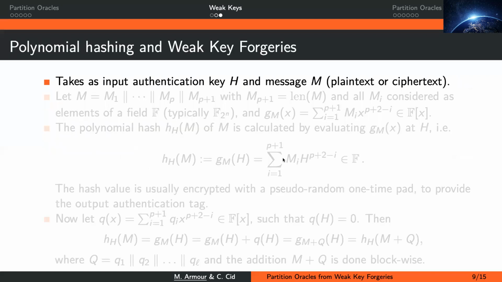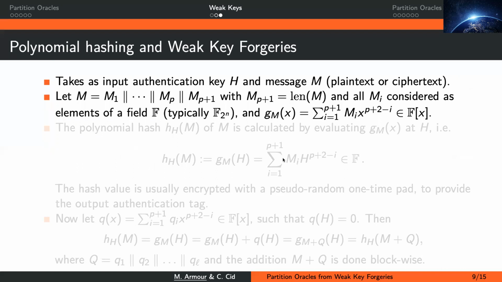Okay, so I'm going to describe that now. But first, I need to describe what polynomial hashing involves. So polynomial hashing takes as input an authentication key H and a message M, which could be a plaintext or a ciphertext.